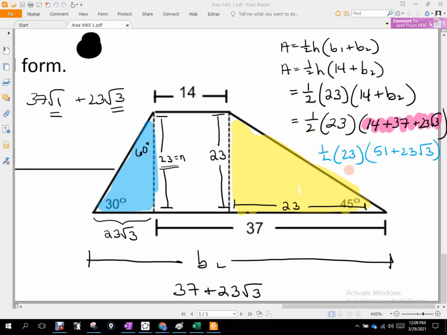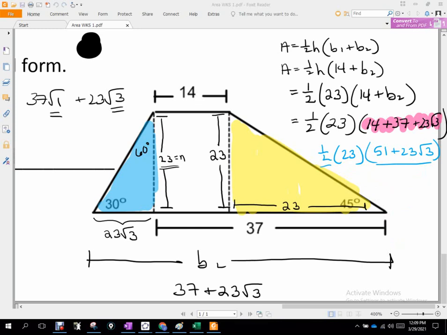So now the next thing is to multiply, right? Okay. Now you got some options. You can either multiply those two things together first, or you can multiply these two things together first, or you can multiply those two things together first. Those are your options. It's the commutative property of multiplication, right?